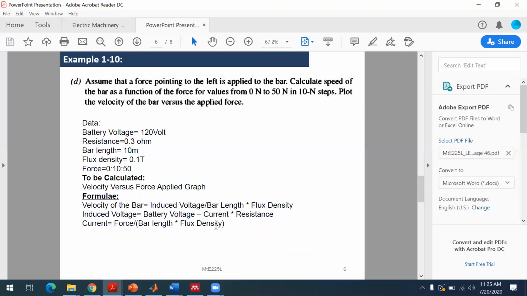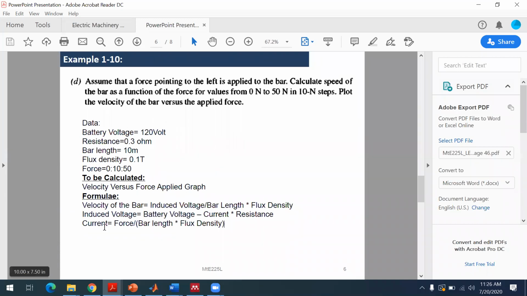So now the question is, what is given here? We have the battery voltage and we have the resistance, but we don't have the current. For the current, we have a formula: F, the force, is equal to the current into the bar length and flux density.